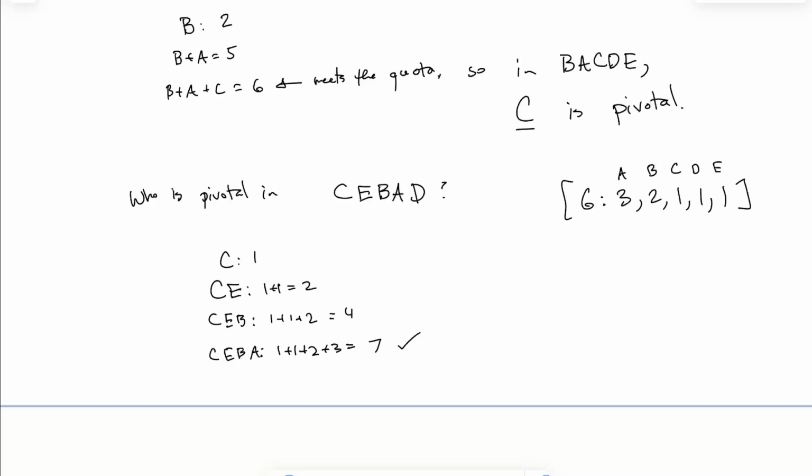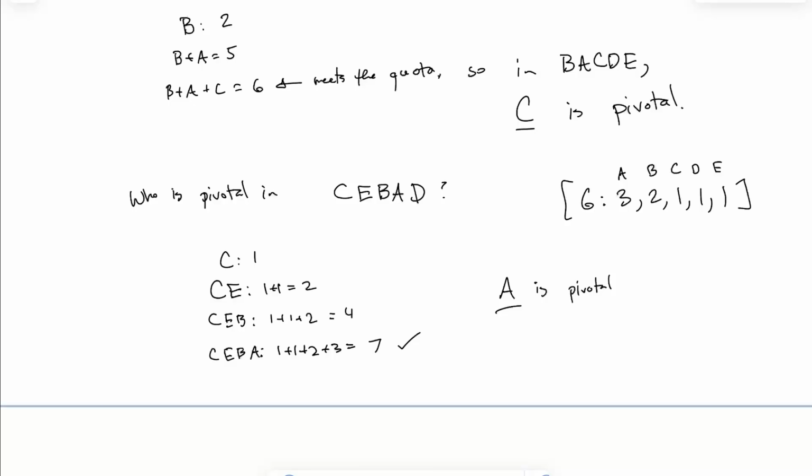This is 7, which actually makes it to the quota. The quota is 6. You can go over, but we're trying to find who is the one that actually makes it hit the 6 or over. All right, and so in this case, A is pivotal. In that particular permutation, A is the pivotal.